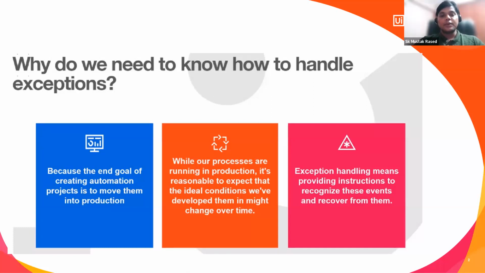The second thing it says is that while our processes are running in production, it's reasonable to expect that the ideal conditions we developed them in might change over time. Probably I have given an example of this, but I can give you a more relatable example.